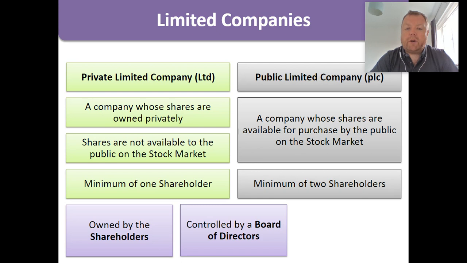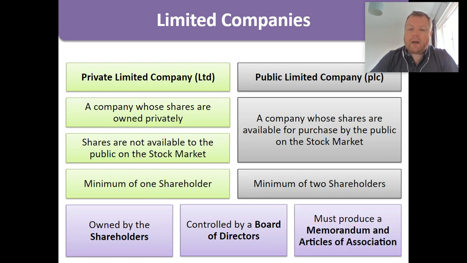So you appoint a board of directors, and it's the board of directors that are responsible for making the decisions within the business. And they must produce a memorandum and articles of association. So they're legally binding documents that set up the rules of the company. They're not overly complicated and they're not overly expensive, but you can see that that is a little bit more difficult than setting up a sole trader or a partnership.